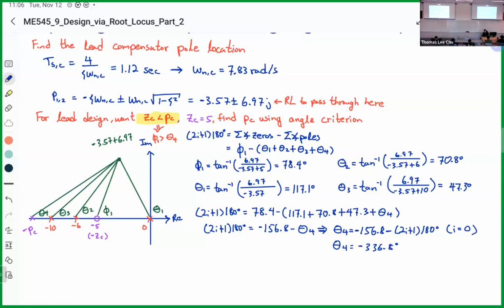That's actually valid because then we're just going to this point the other way around. I shouldn't write minus because we're going this direction now. That's 336.8 degrees now. It's the same angle.